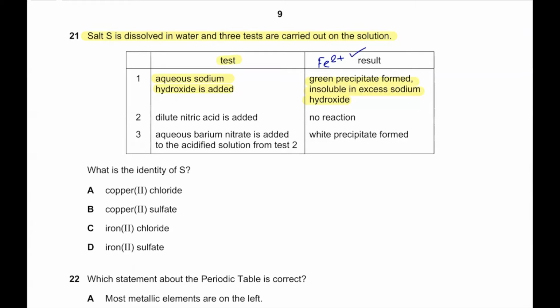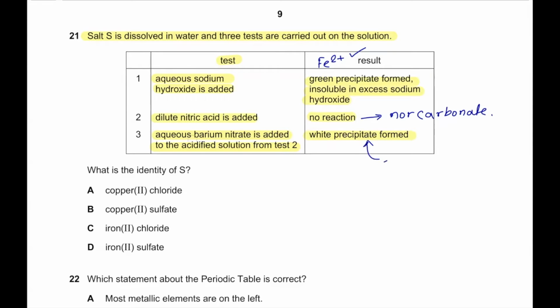Then next, dilute nitric acid is added, there is no reaction. Addition of acid, if it doesn't give any reaction, means that there is no carbonate present. Then aqueous barium nitrate is added to the acidified solution from test 2, and a white precipitate is seen. That means the white precipitate is indicating that there is sulfate present.